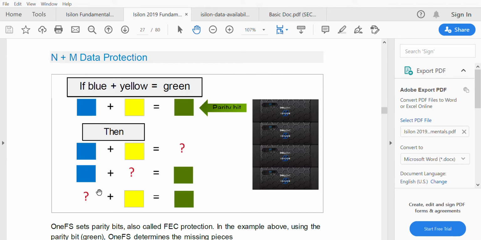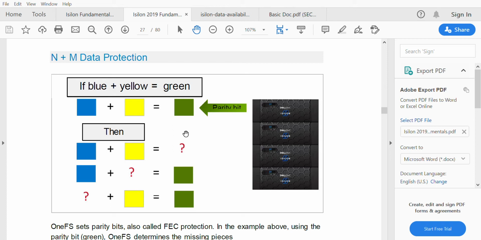And the same way, when the blue goes off, we will be able to get the data from green subtracting the yellow. So the green is a parity, that is the addition of both, and using this we'll be able to get the lost data. So this is kind of a RAID methodology, where here in Isilon, instead of disks, it uses nodes.